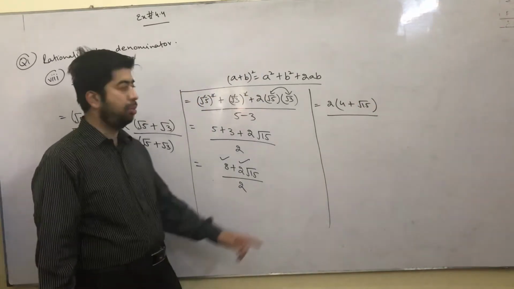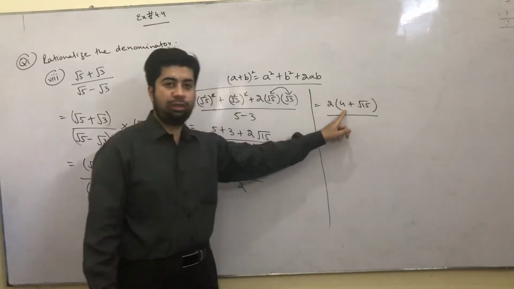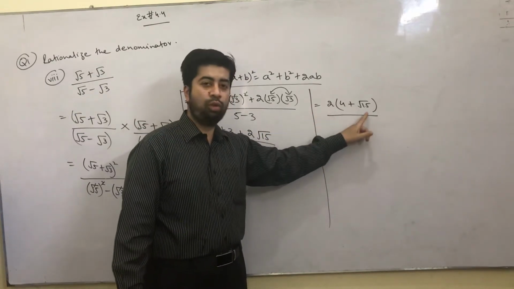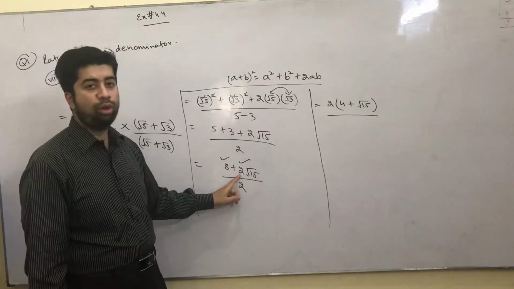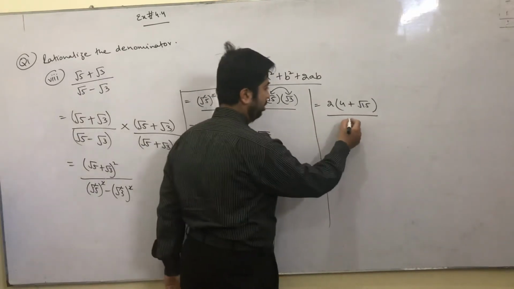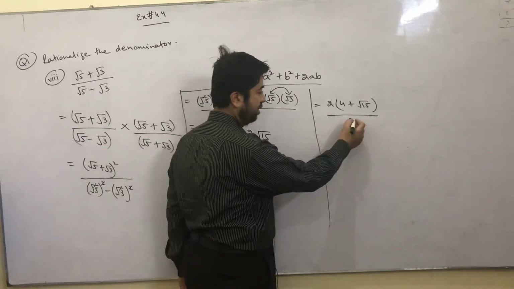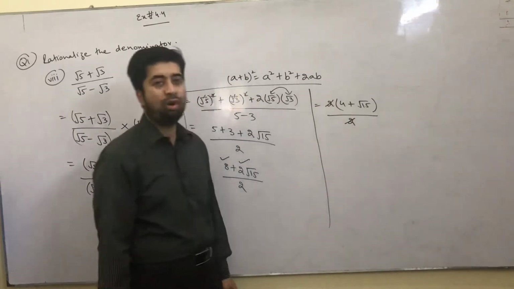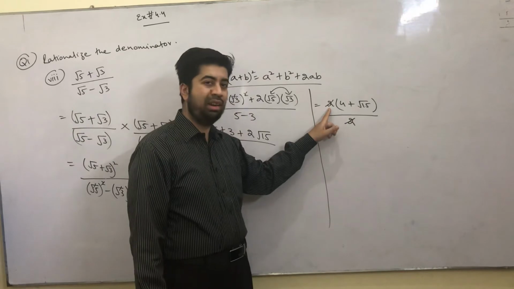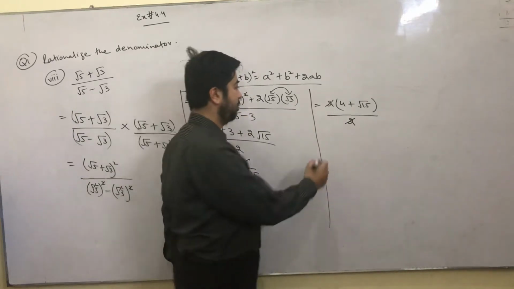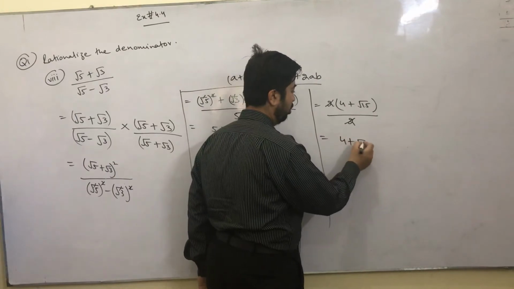If I multiply this 2 with this 4, this must be 8, and if I multiply this 2 with square root 15, this must be 2 square root 15, and in the denominator that is 2. So yes, we can cancel this 2 with this 2, because this 2 is independent here. So our answer will be 4 plus square root 15.